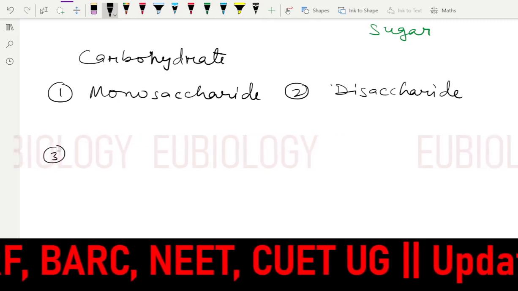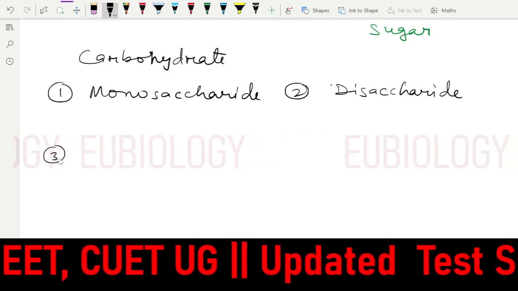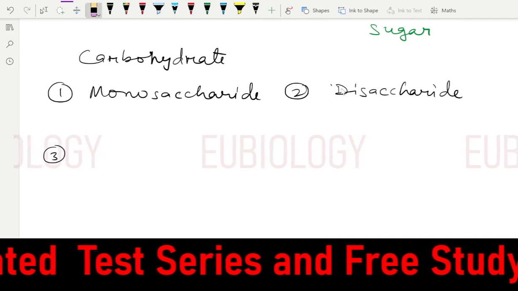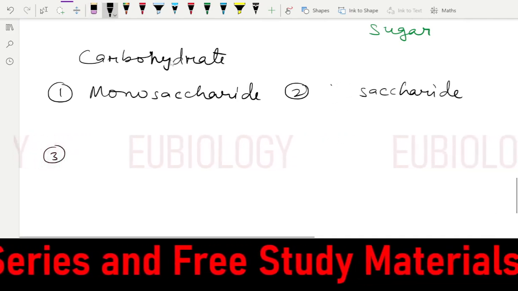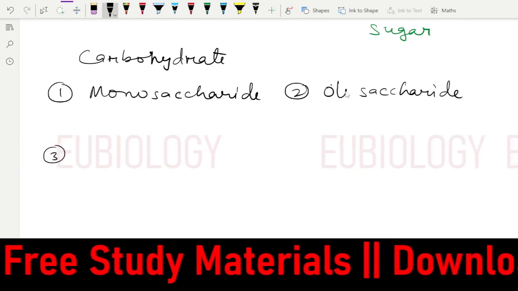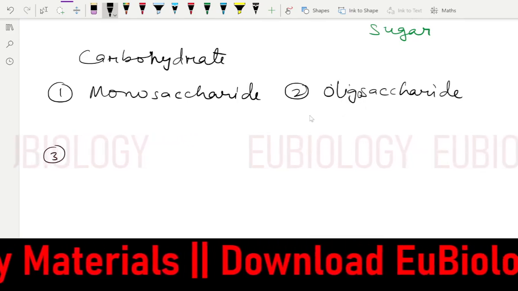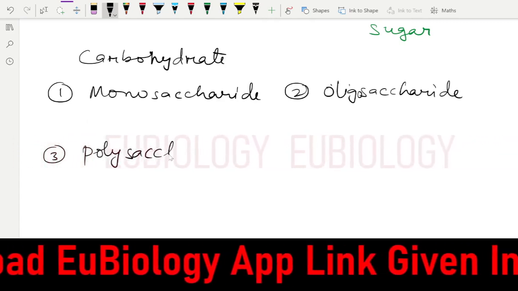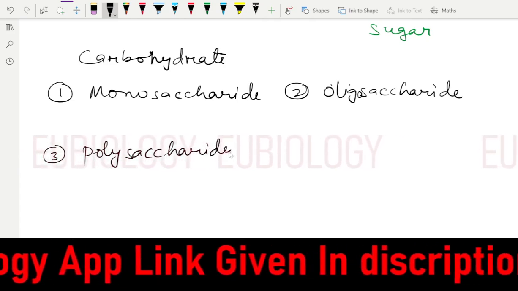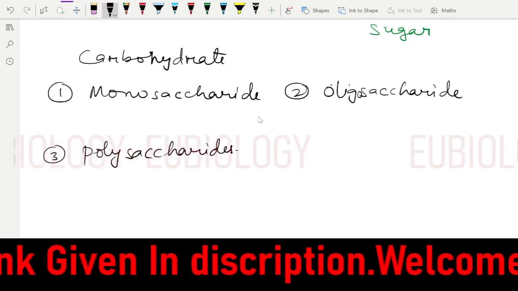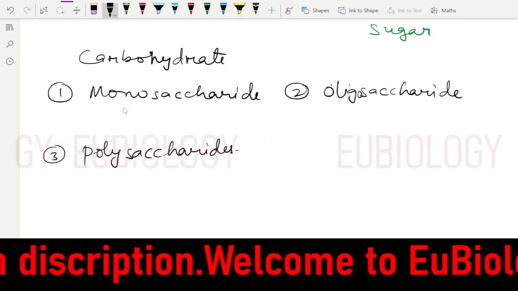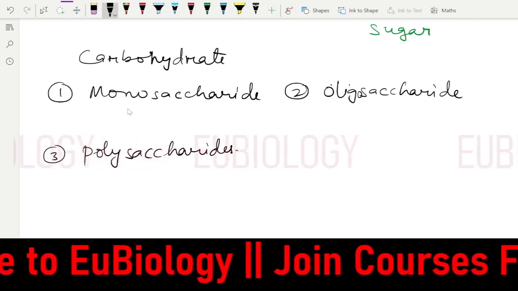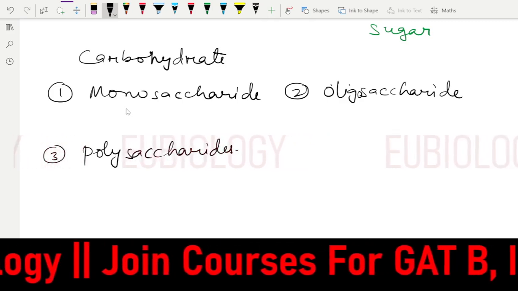And third, instead of di, we should write oligosaccharide. And here it is polysaccharide. So monosaccharides, disaccharides, oligosaccharides are the important types of carbohydrate which we are going to cover in the coming videos.